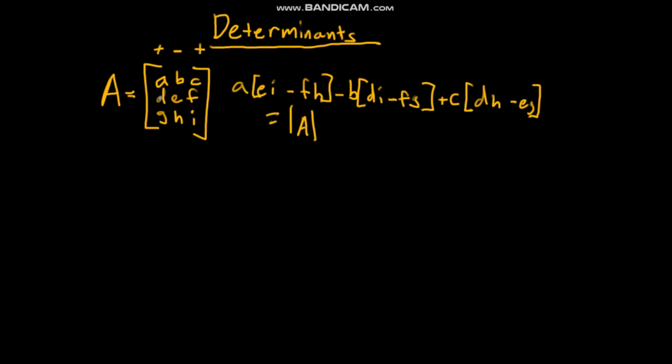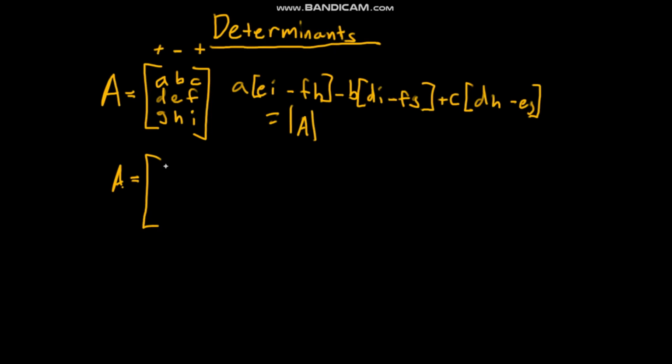You can do it in other ways where you start with the second row and then it's minus, plus, minus, and I understand that. I'm just not going to get into that because we're trying to do it the most simple way. I'm not showing you a shortcut or anything, just one way to take the determinant of the matrix.